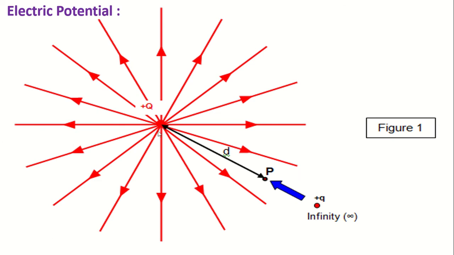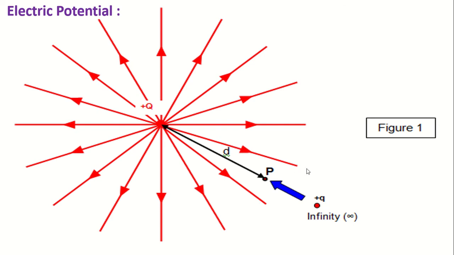So in the electric field of this positive charge, at a distance d from the positive charge at a point P, if any positive charge is taken from infinity to the point in the electric field of this positive charge, then what will happen? That means work will be done to bring this positive charge from infinity to any point in the electric field of this positive charge. Am I clear to you?